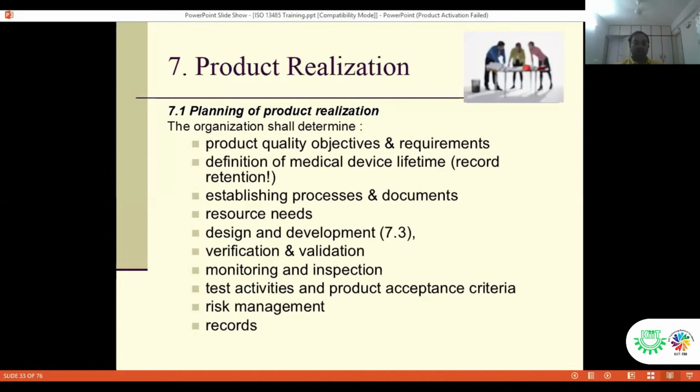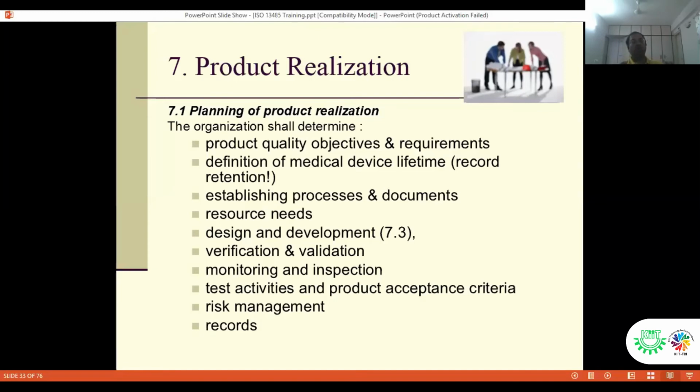Also, the lifetime or record retention should be well defined, both by your company and by the outsourcing medical device company. For how long are you able to keep the records, whether 2 years, 5 years, or 7 years?